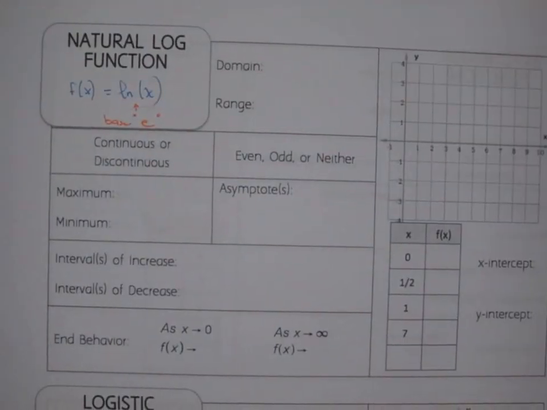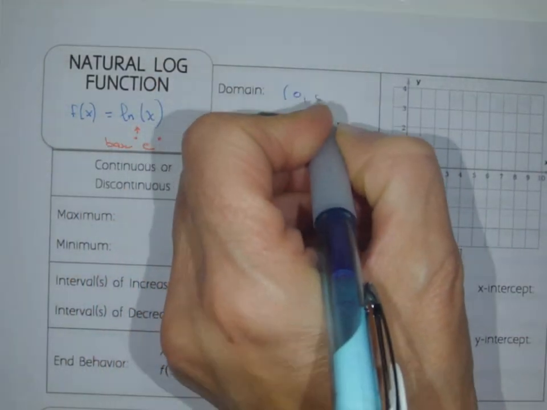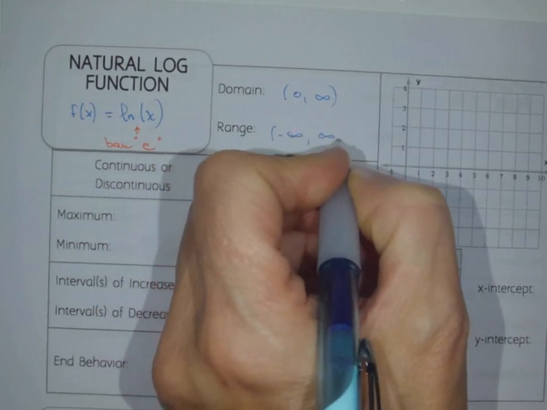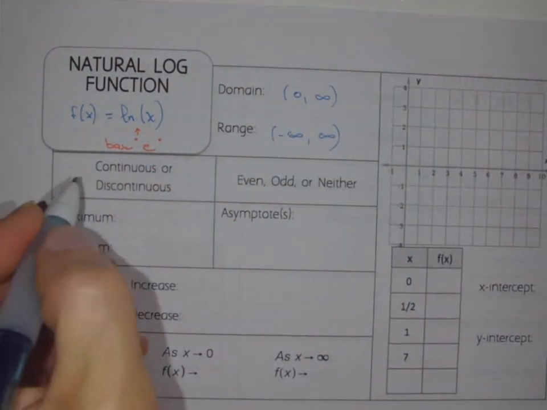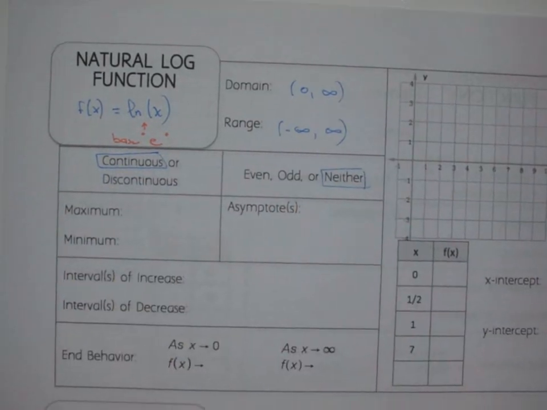And so the domain will be the same as the other log, and the range will be the same as the other log. This is still going to be continuous, no symmetry, and it has no extrema.